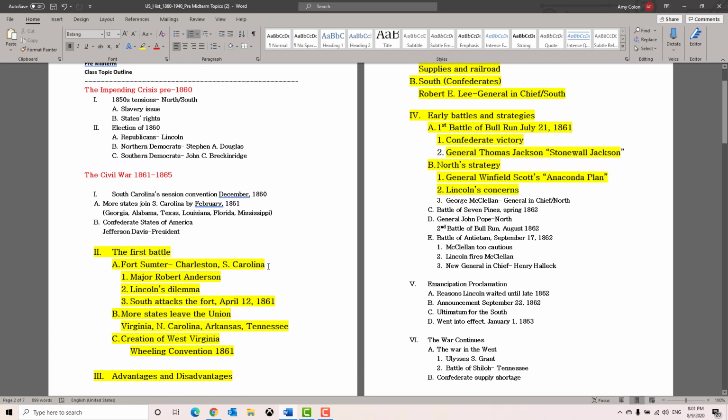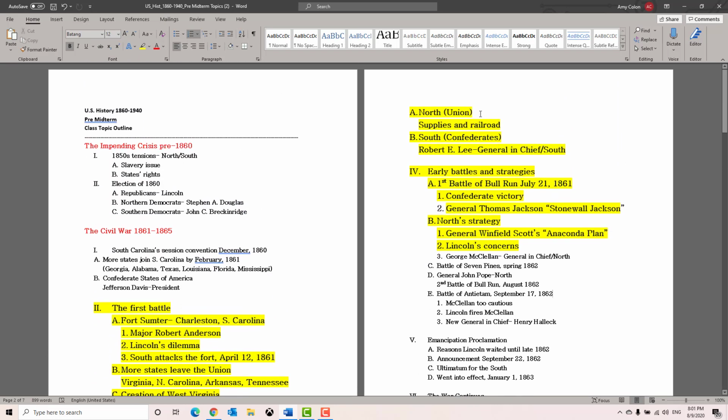All right, let's talk about advantages and disadvantages of both sides in the Civil War. The North, also known as the Union, their advantage is they controlled most of the nation's industry. So they had the supplies, clothing, ammunition, weapons, shoes, tents, mostly made in the North. And if you think about it, those things that I named aren't all weapons.